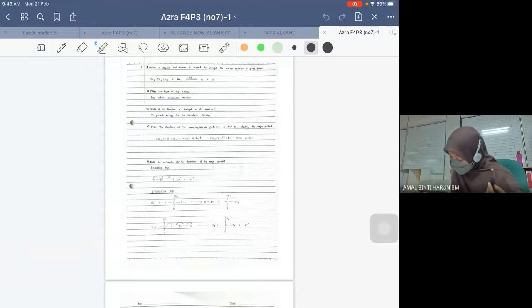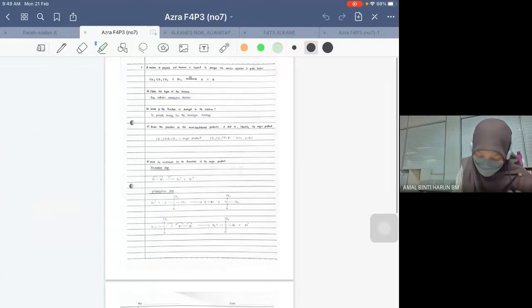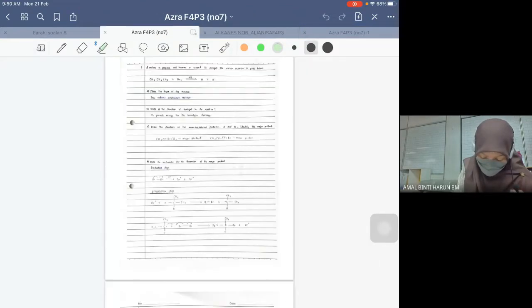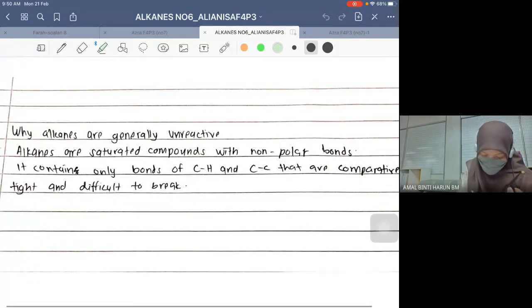Number 6. Explain why alkane are generally unreactive. Kenapa unreactive?